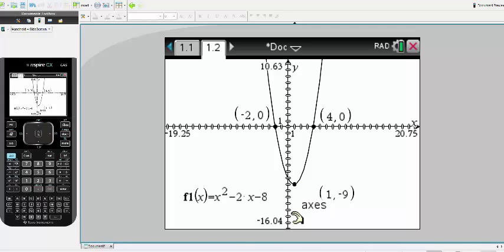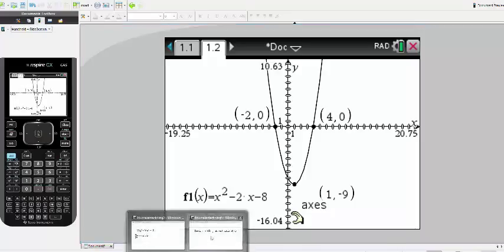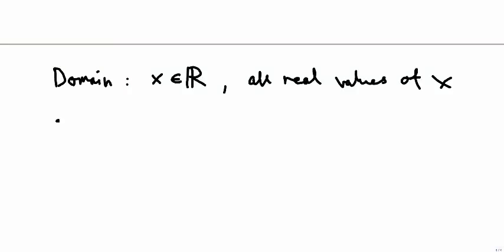So how can we express that with some kind of, let's see, range? So y is going to be all the real values, but we're going to add a little but.